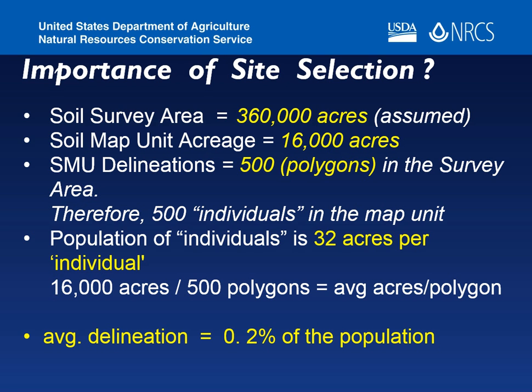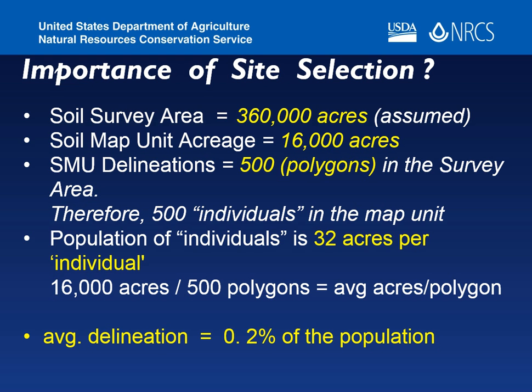When you look at the number of polygons for that particular soil map unit within that survey area, it's about 500 polygons. So you have 500 individuals within the confines of that map unit for the survey area, and that population of individuals averages out to about 32 acres per individual.